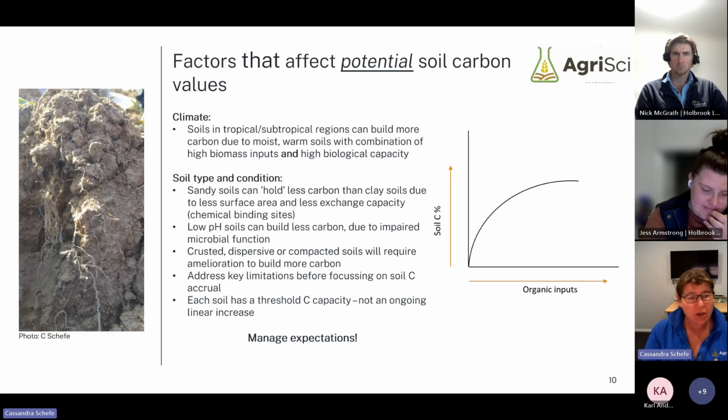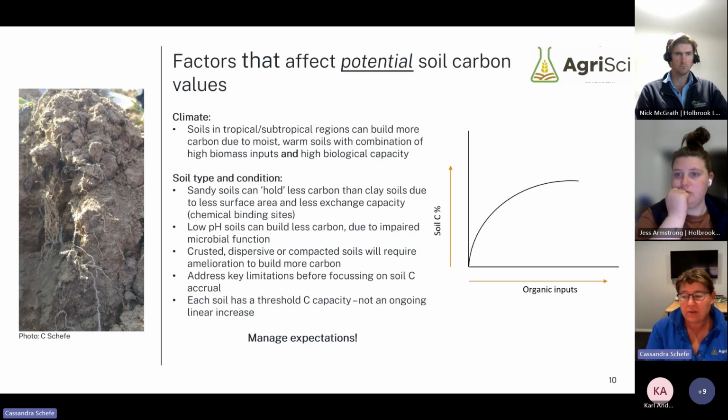So we know sandy soils can hold less carbon because they have less surface area and less exchange capacity, so less ability to chemically bind with organic matter in our soils. We also know that low pH soils can build less carbon because there's impaired microbial function under those conditions, which we'll talk about a bit more. We also know that crusted, dispersive or compacted soils require amelioration before they can build more carbon. And we know that there's this whole level of constraints and limitations we need to focus on before really worrying about what's happening in soil carbon accrual, which we'll touch on a bit more.